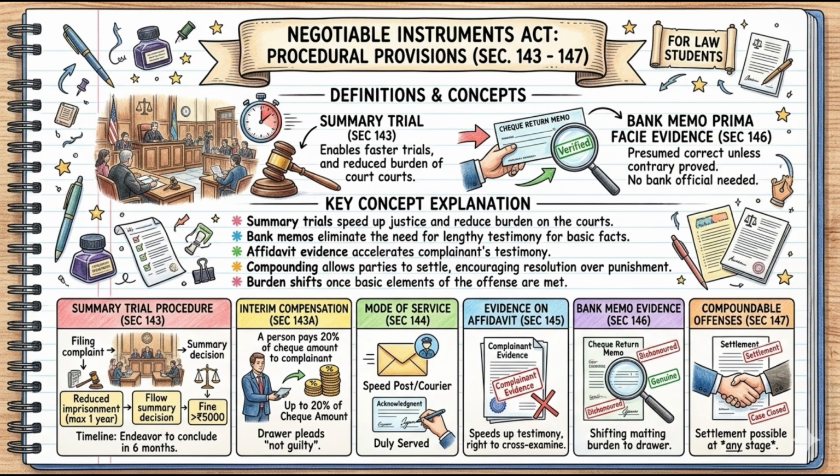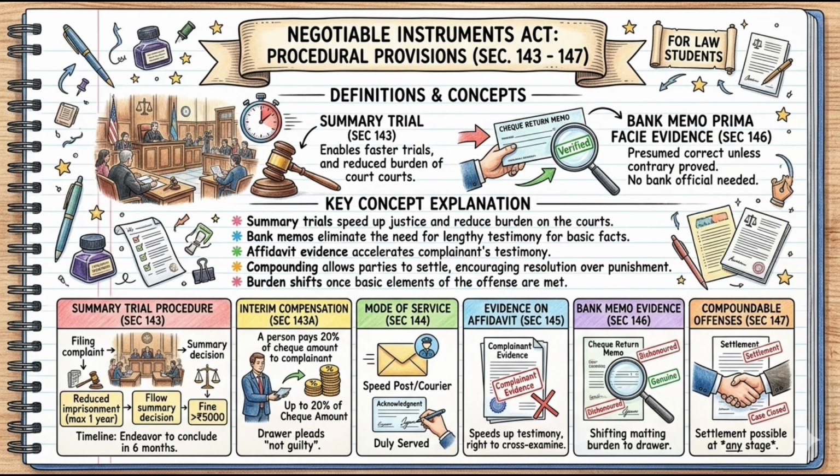A vital tool for complainants, Section 143A, was introduced to provide immediate relief. The court can order the drawer to pay interim compensation up to 20% of the check amount while the trial is still pending. This ensures that the complainant isn't left empty-handed during the long legal battle.